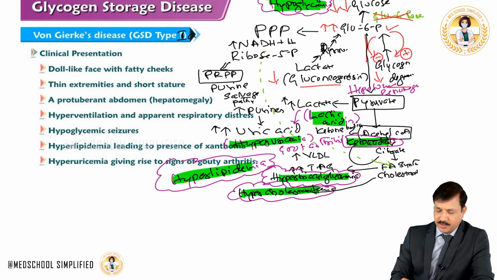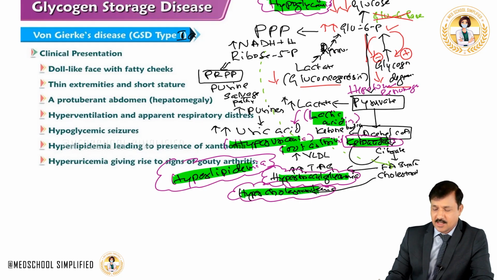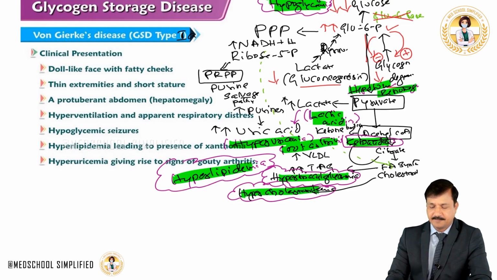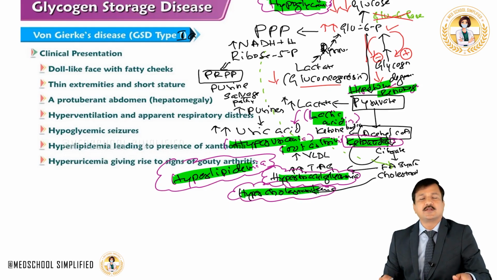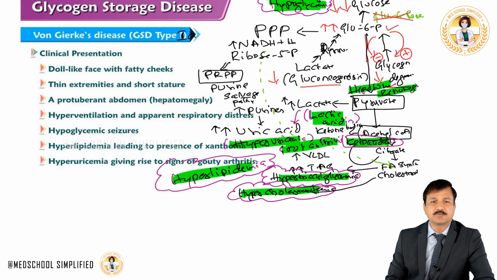Patient will show hyperuricemia, and that will give rise to gouty arthritis. And also patient will show hepatomegaly and renomegaly. So like this, just a mutation in glucose 6-phosphatase enzyme will lead to so many metabolic abnormalities. So that is what I have written here in this particular slide.